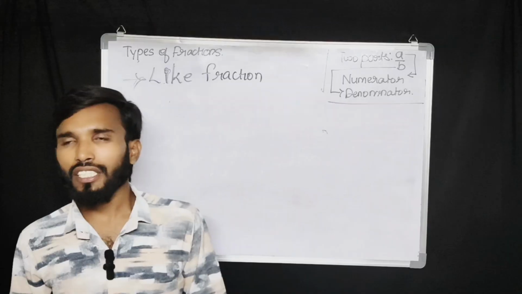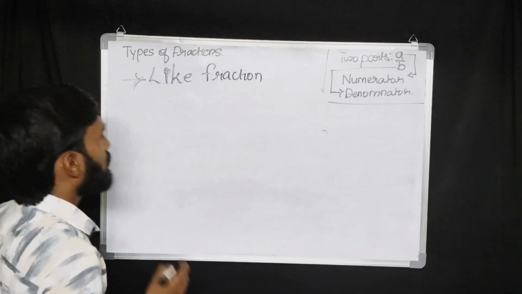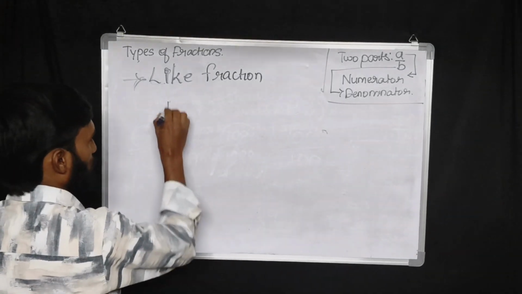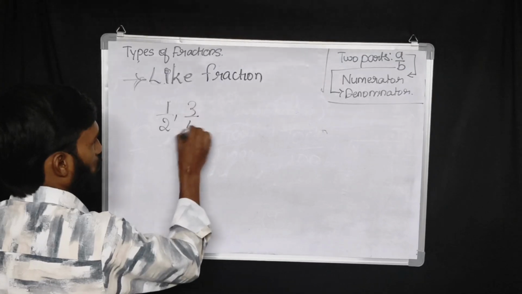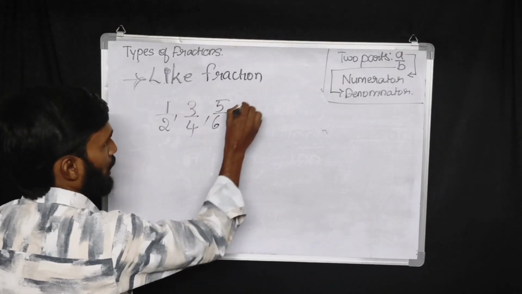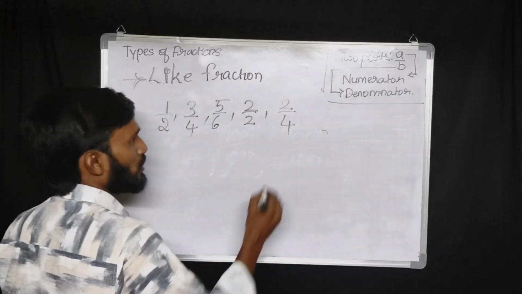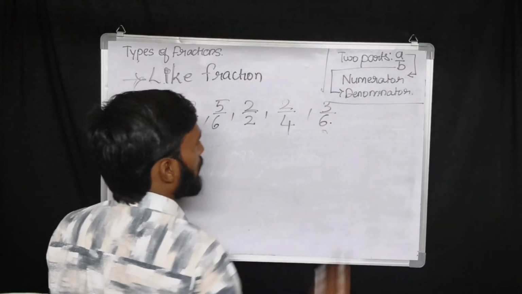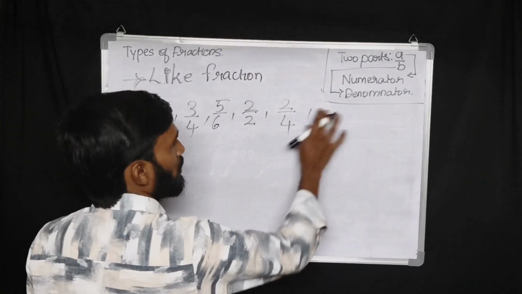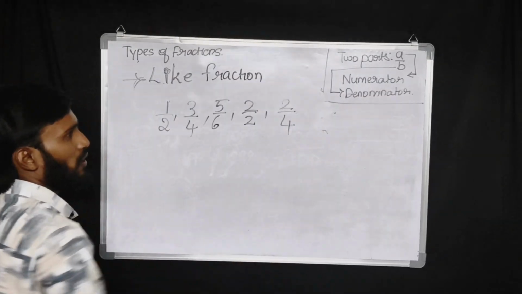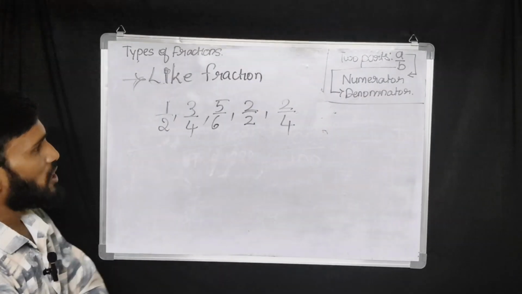This like fraction is easy. For example, see, I am writing some fractions here: 1 by 2, 3 by 4, 5 by 6, 2 by 2, 2 by 4, and 3 by 6. Leave this. So I have written some fractions here.